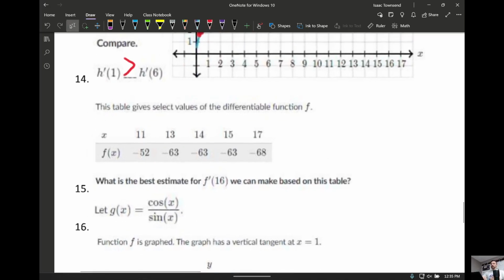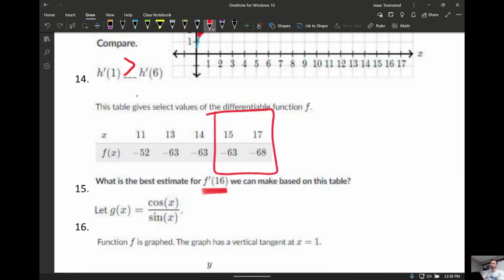Okay, 15. I would like to estimate the derivative at 16. If derivative means slope, notice they don't tell me what's happening at 16. And even if they did, that doesn't help you with slope. Knowing the value at 16 doesn't tell you anything about the rate of change at 16. So what would be the next best thing? Find the slope in between 15 and 17.